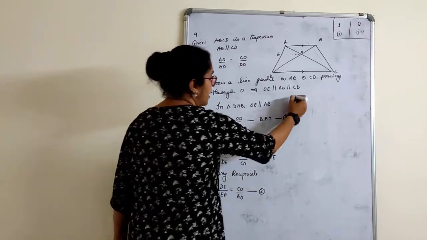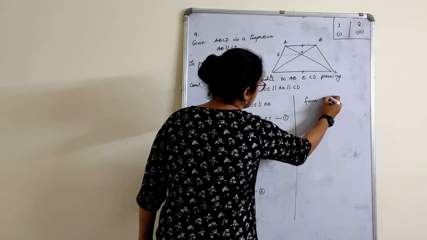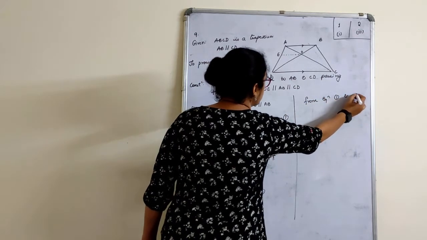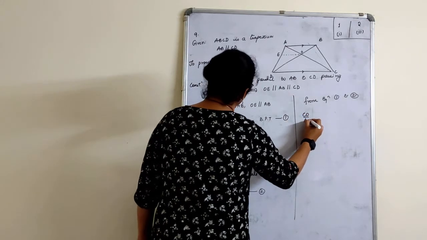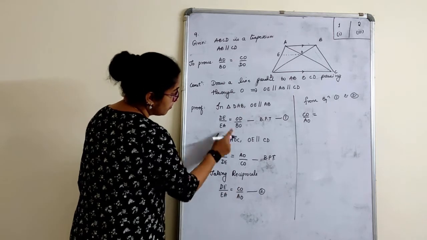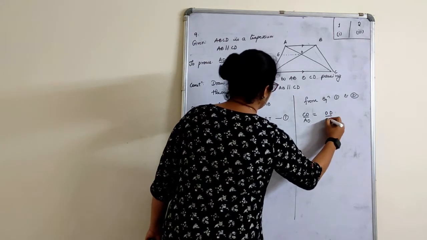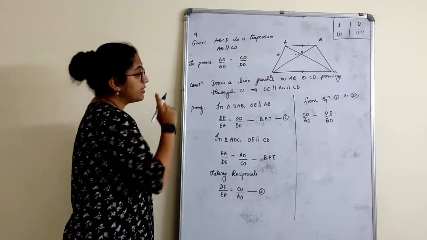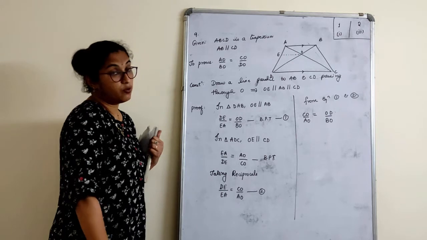From equation 1 and 2, CO upon AO is equal to OD upon BO. Is that what you require? No, it is again something different. Now what to do?